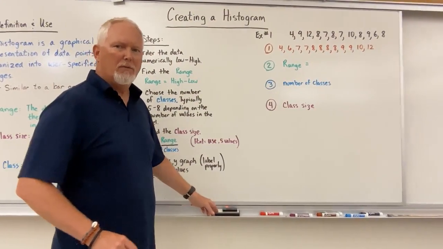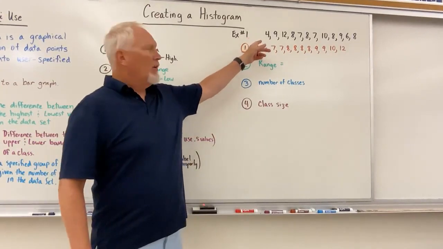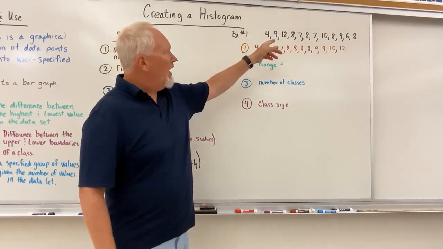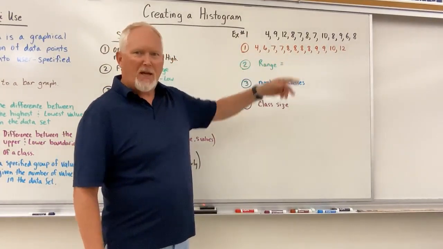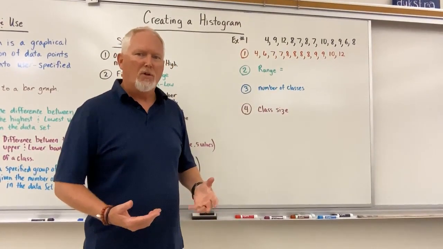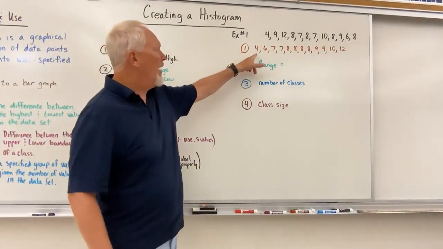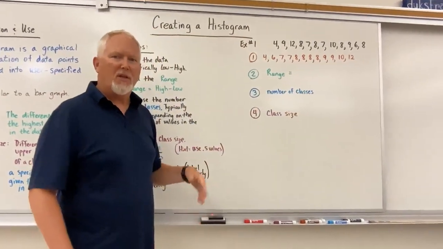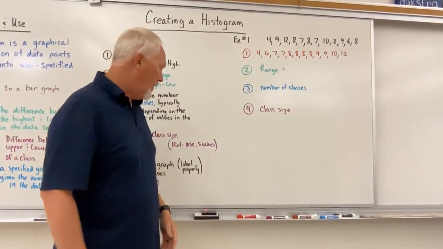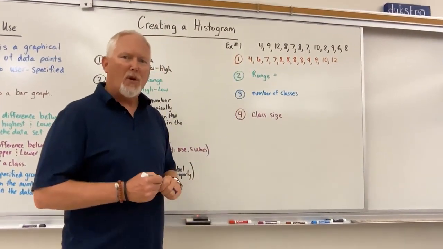Example number 1. Here we have a data set of 4, 9, 12, 8, 7, 8, 7, 10, 8, 9, 6, 8. The first thing we want to do was, what? Order the data. I've already gone ahead and done that. We go from 4 through 12, and this helps us see the values that are there. Now, the next thing we need to do is find the range.